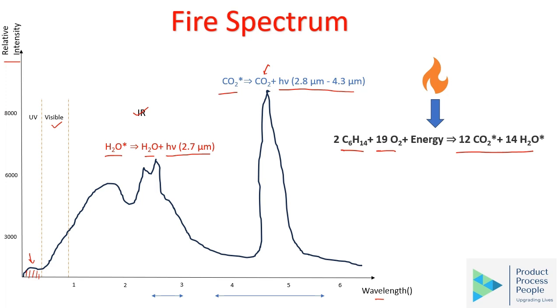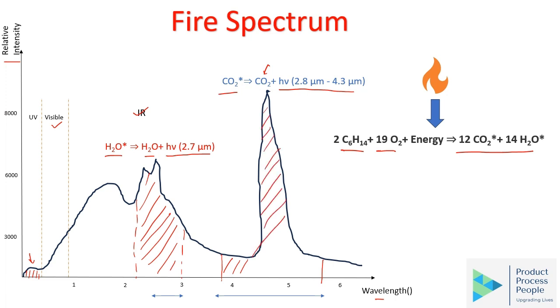So in case of a hydrocarbon, you will mostly see some peaks between 2.5 to 3. This is due to the water vapor, and there will be something from 3.8 to around 5.5, and this is because of the emission from the carbon dioxide molecule.